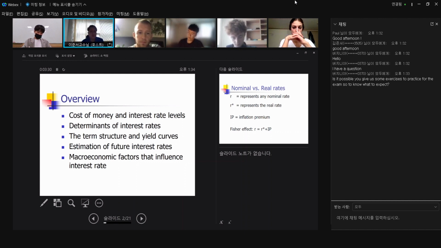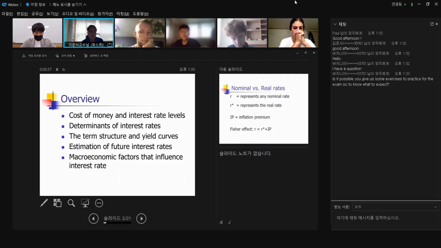And the third topic is the term structure and yield curve. As you shall see, term structure presents the relationship between time to maturity and yield to maturity. Yield to maturity is the return on a bond, especially. So there is a particular name for interest on a bond, which is called yield to maturity, YTM.